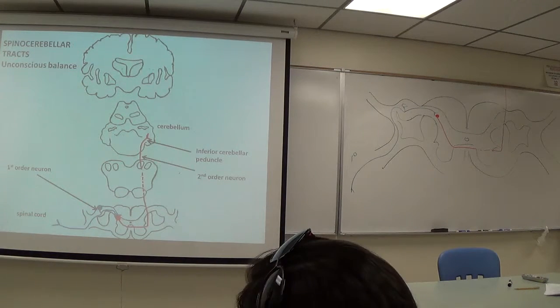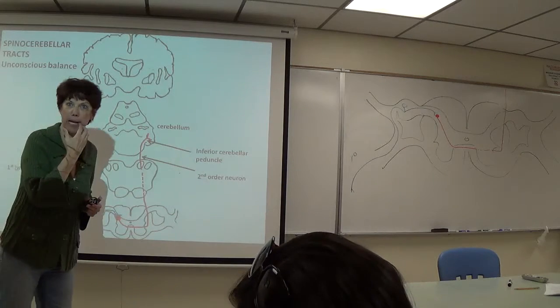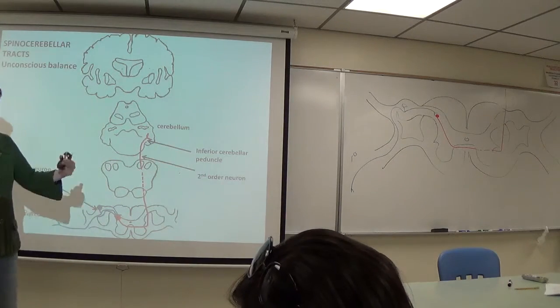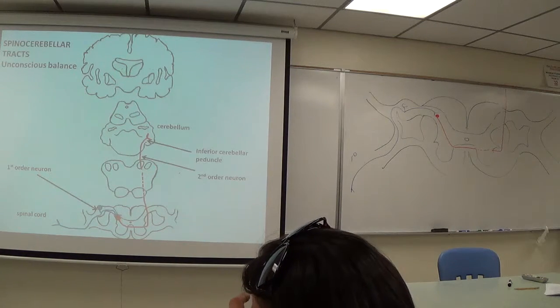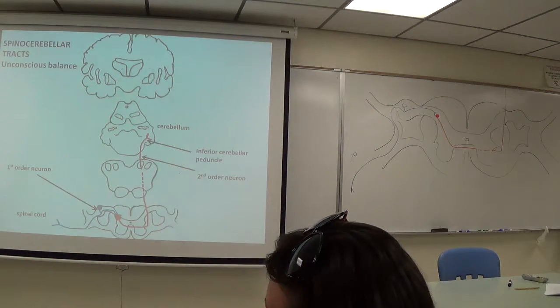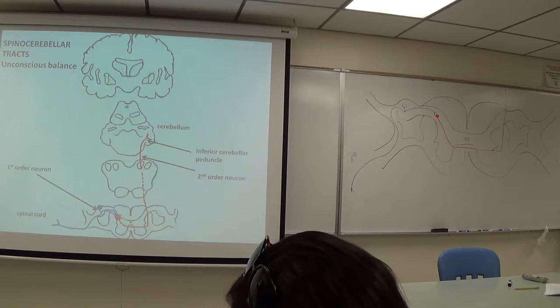So remember when we talked about the function of the cerebellum, we said that from our joints and from our body sense, our body knows what we're doing. The conscious knowledge of that is going to be our posterior column pathway, right? That's proprioception.